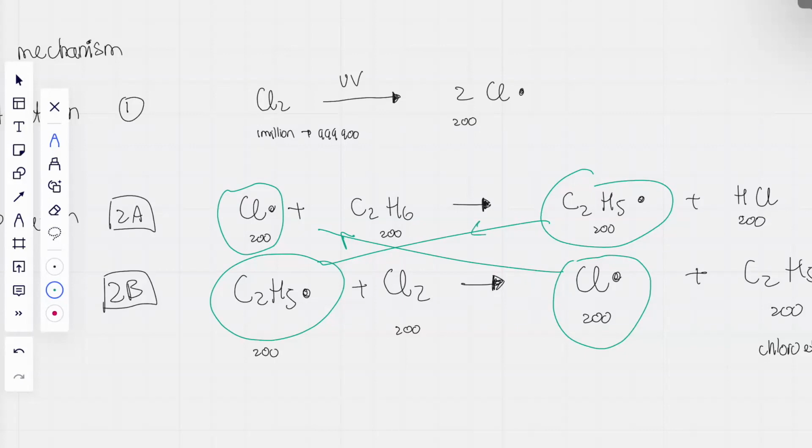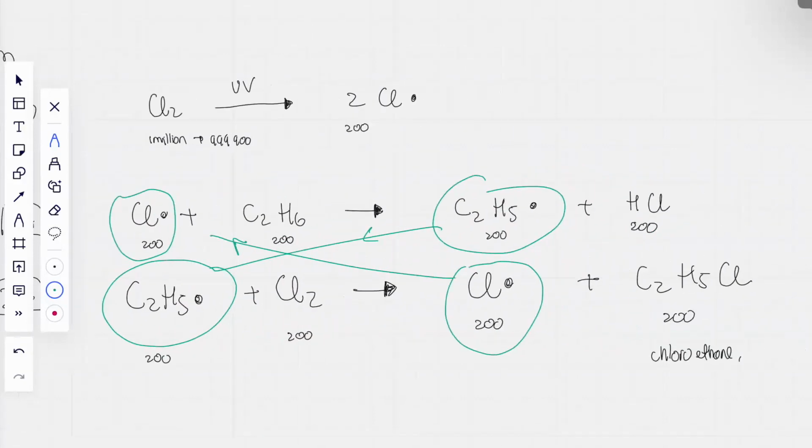Until what happens? Until you run out of C2H6, and until you run out of Cl2 also. It depends on which is the limiting reagent. So you will end up with almost 1 million chloroethane.